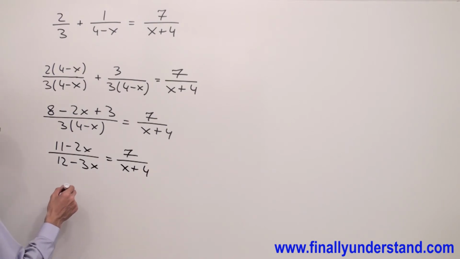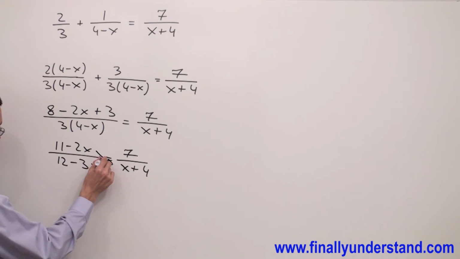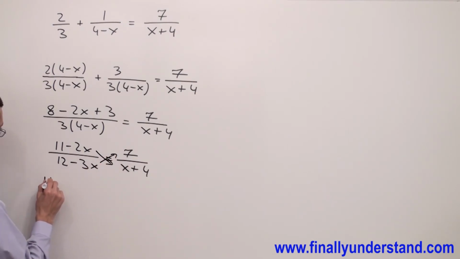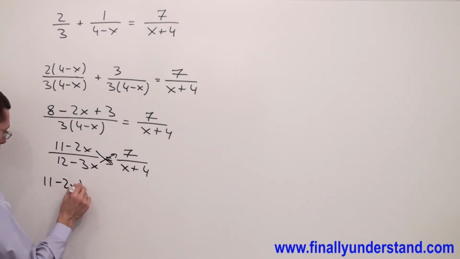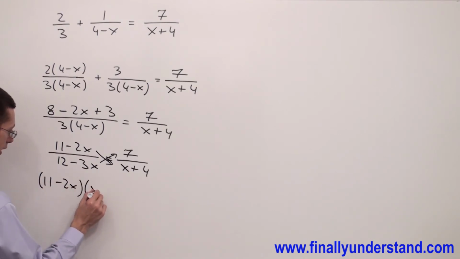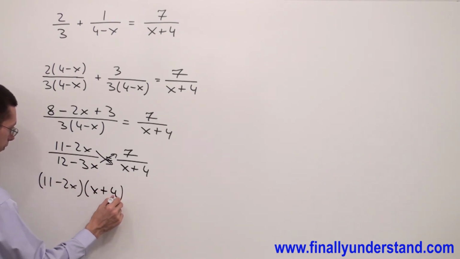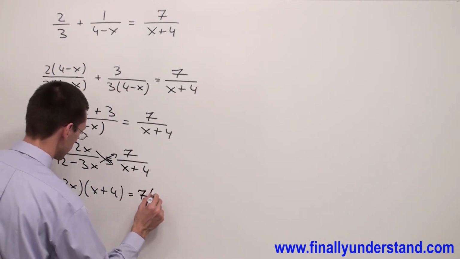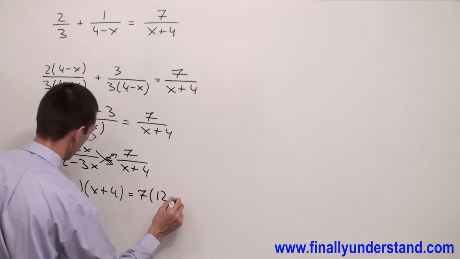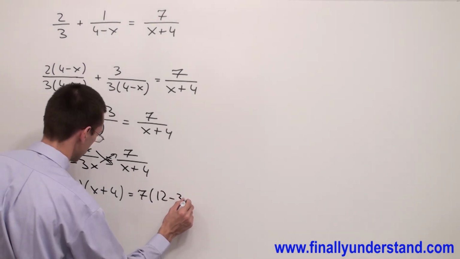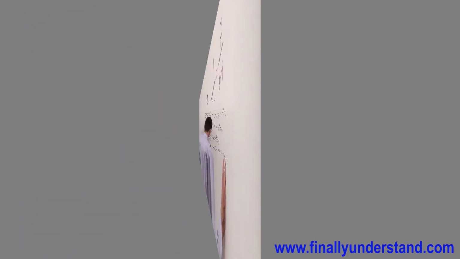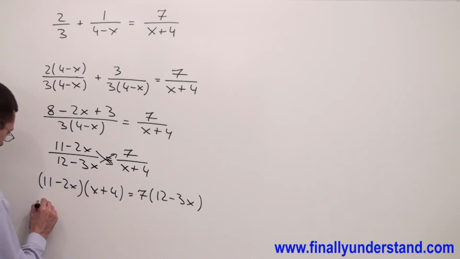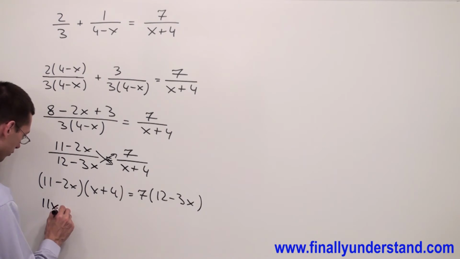Next, I'm supposed to perform the cross multiplication. I have (11 minus 2x) times (x plus 4) equals 7 times (12 minus 3x). 11 times x is 11x. 11 times 4 is 44.